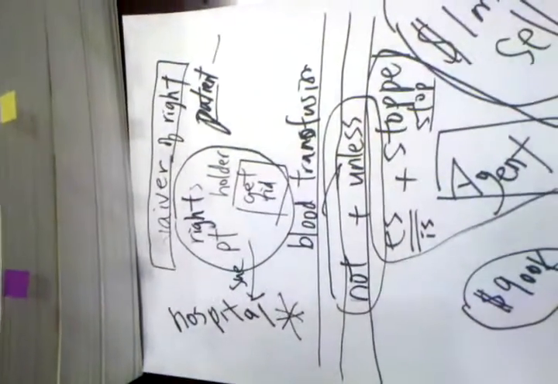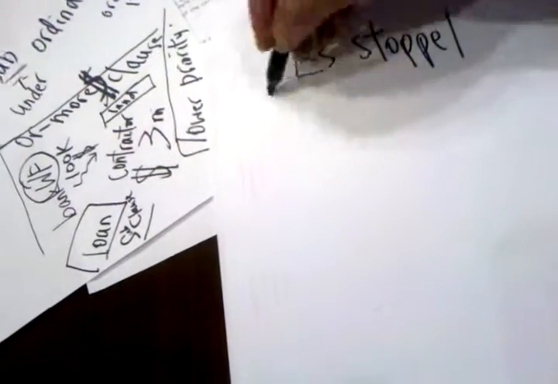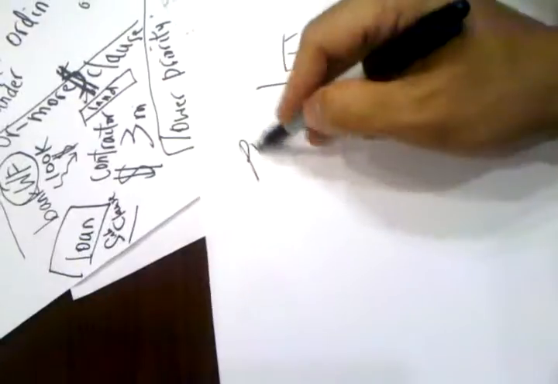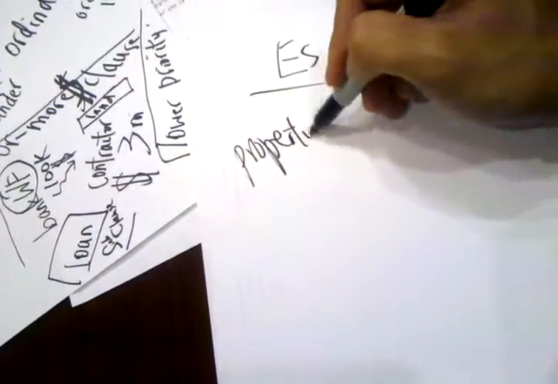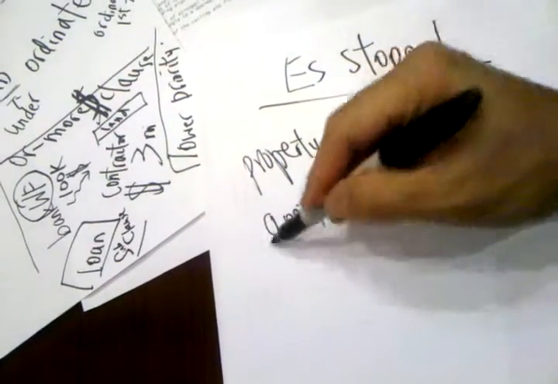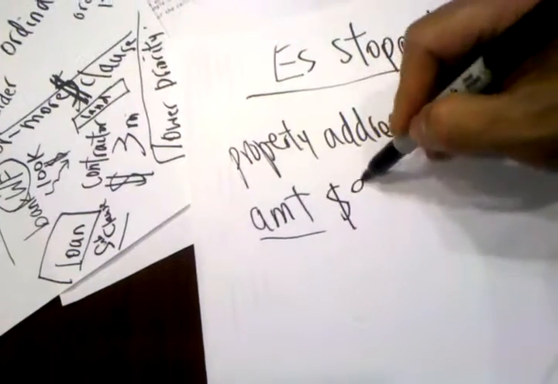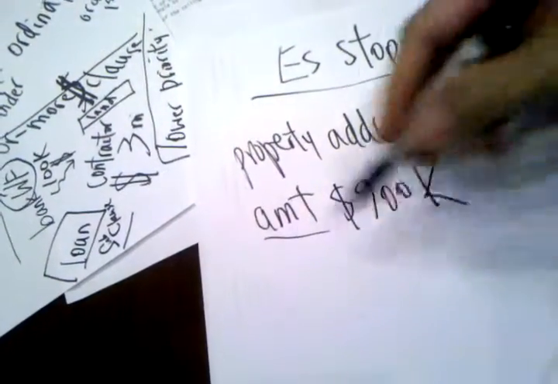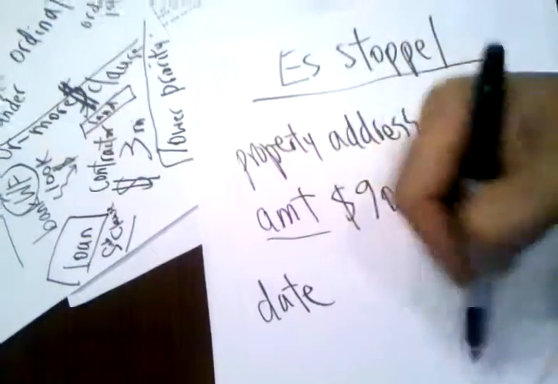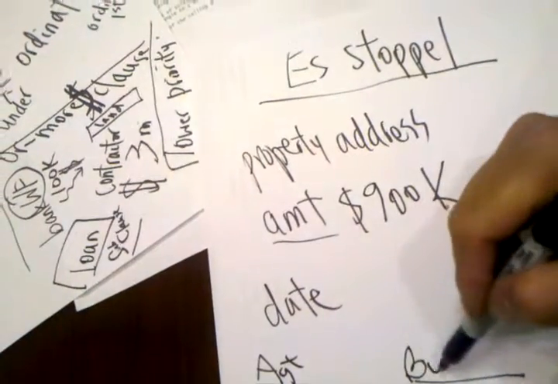Then I put it into a paper and say this paper is called an estoppel. This estoppel paper has first the property address, and then the amount. It doesn't say $1 million though, it only says whatever the amount is, and then it has a date, it has a seller name and the agent and the buyer.